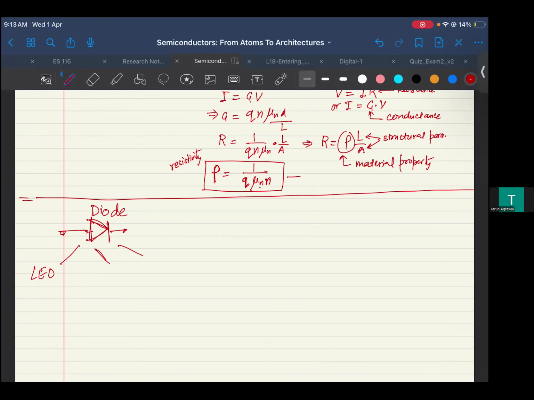It can be used for optoelectronics applications. In power, it can be used as a rectifier, right? And in multiple different applications as a protection device, right? It can be used to regulate the voltage, right?